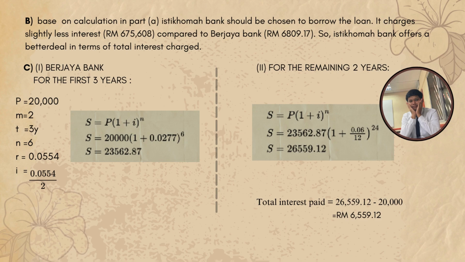So the last one is total interest paid. For total interest paid, you should take 26,559.12 minus 20,000. So the last answer is 6,559.12.